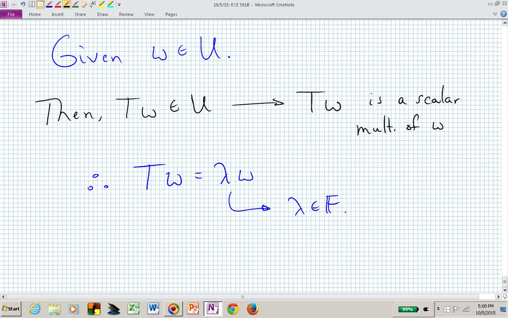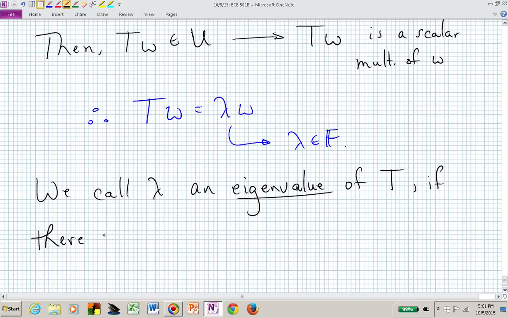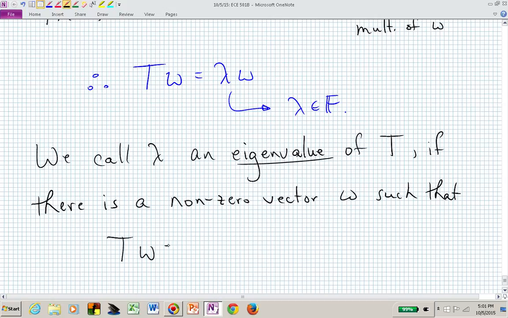What are we calling some of these quantities? What have we called lambda? If it satisfies this equation, if this linear map just causes w to become a scaled version of w, then we call lambda an eigenvalue of this linear map T, if there is a non-zero vector w such that Tw equals lambda w is true.